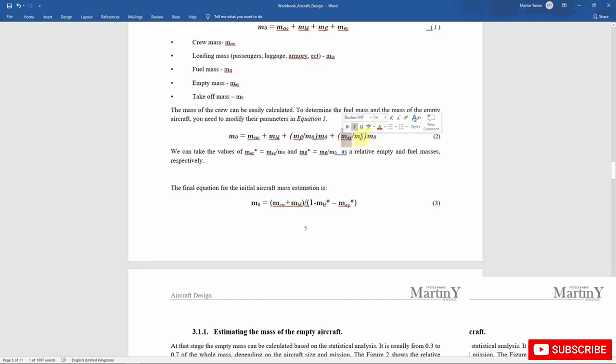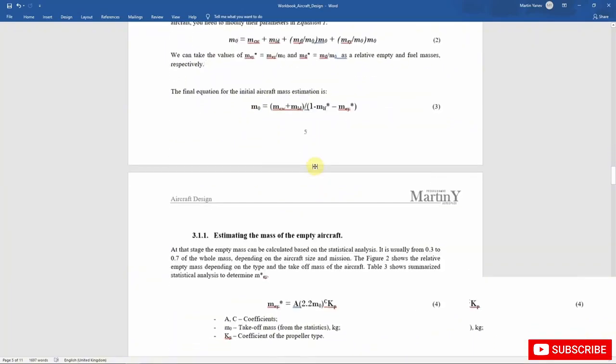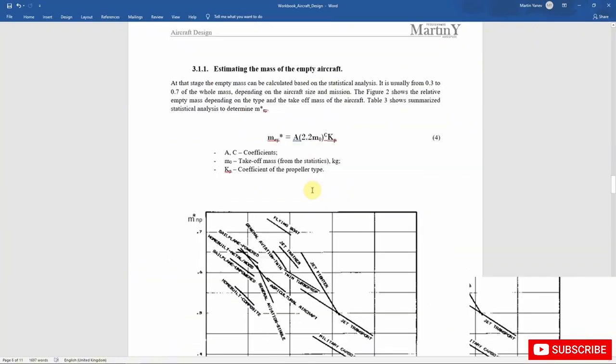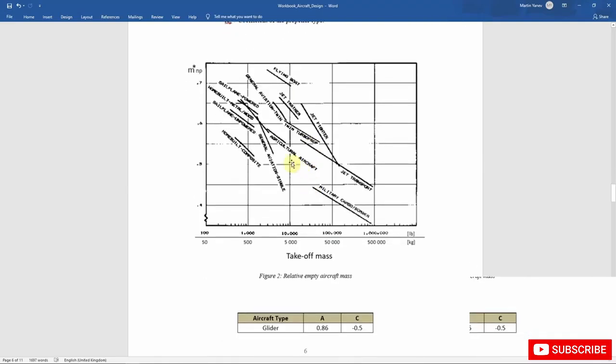In this way, we're distinguishing the relative components from the exact components. I hope this is clear. If not, you can ask in the questions below. Since I explained this already, now we can look at the figures. I would say it's very hard to find the exact value on this chart.